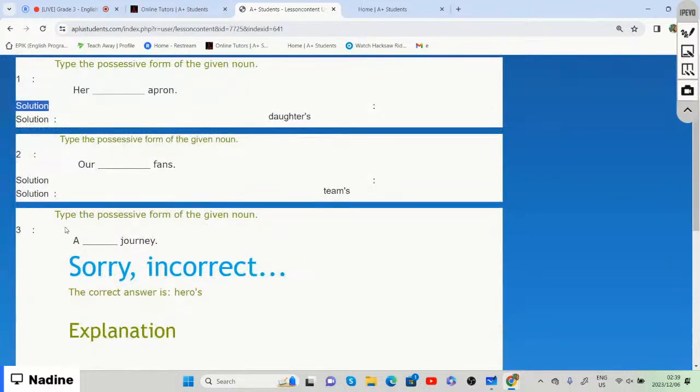And yet it says a hero's journey. Heroes. So a journey, they're saying a hero's journey. So the hero's journey, right?